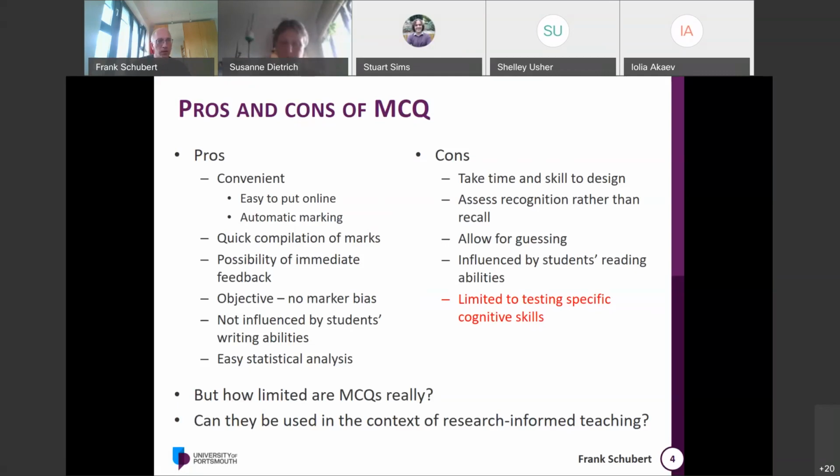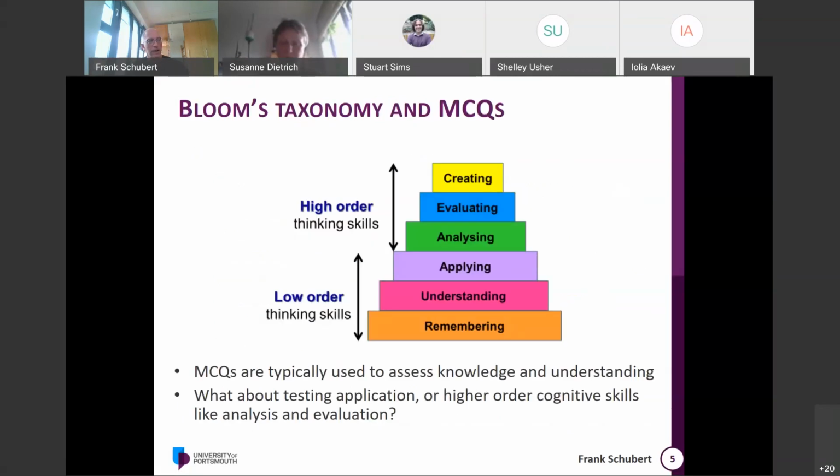So when we are looking at Bloom's taxonomy, which I think we all are very familiar with, and looking at the various levels of thinking, then I think everybody appreciates that we can use MCQs when we are looking at remembering. This is what typically MCQs are considered to be most useful for.